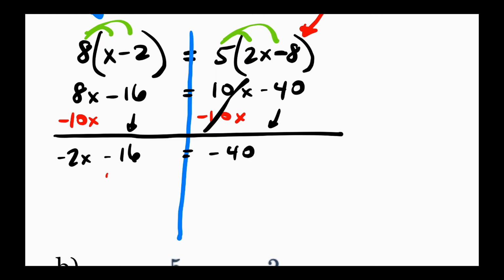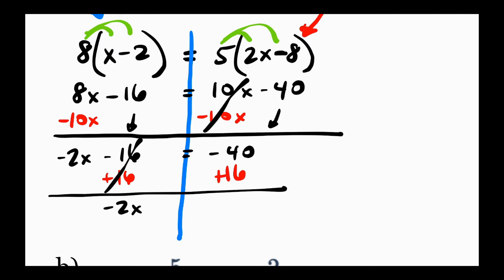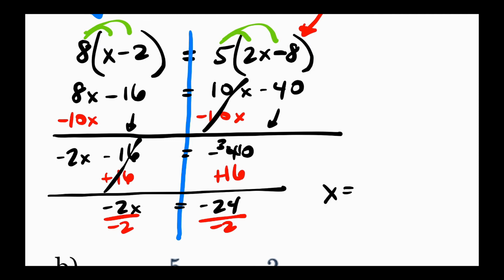And then we got to add 16 to both sides. We get negative 24. Divide both sides by negative 2. A negative divided by a negative makes a positive, and we get 12.